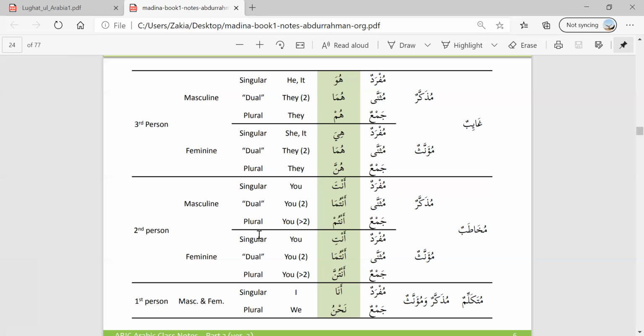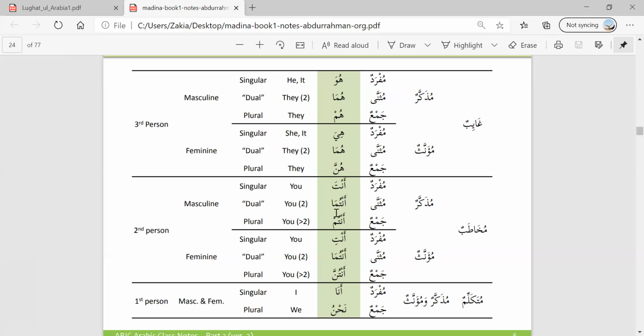Like I said, it tends to get really confusing. I won't go through them again with you. The reason why it's confusing is everything is mudhakkar, muannath, feminine, masculine, and then you've got singular, dual, plural.